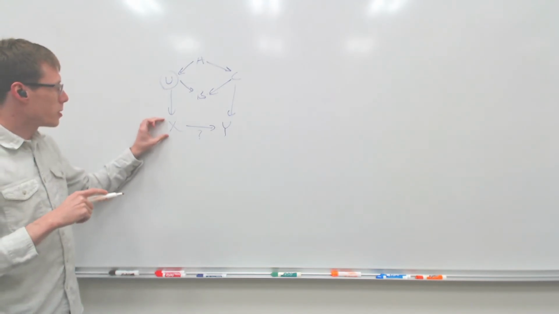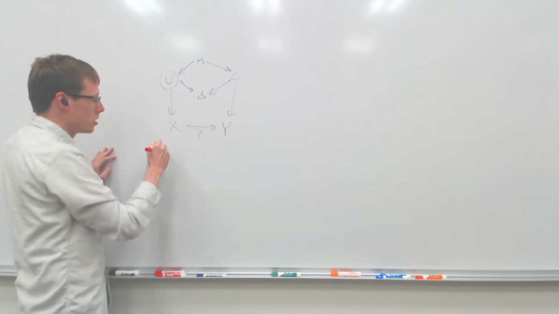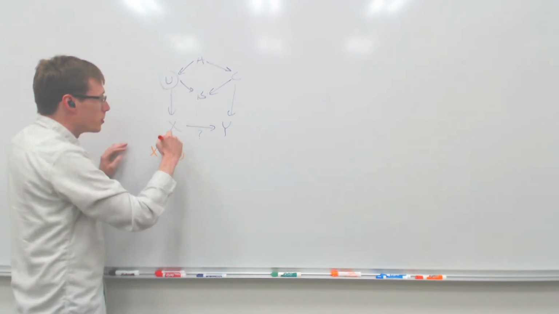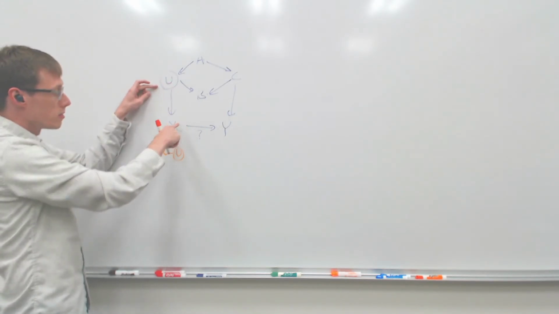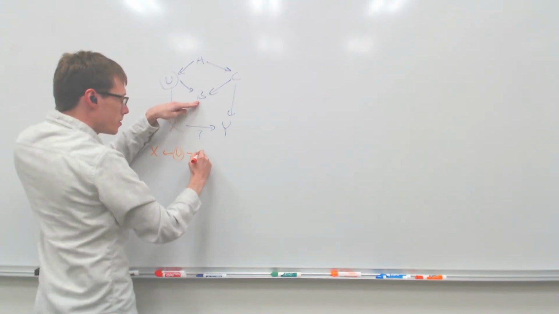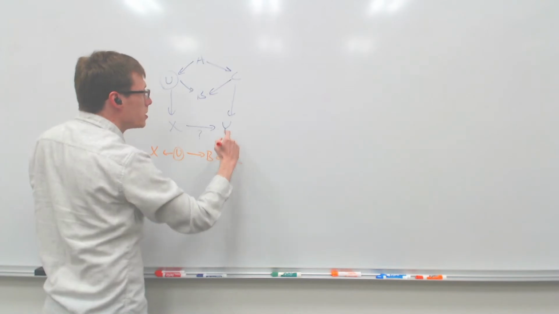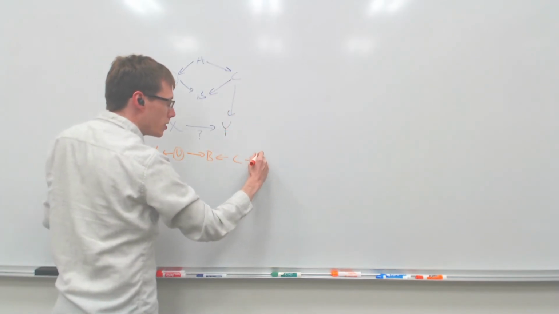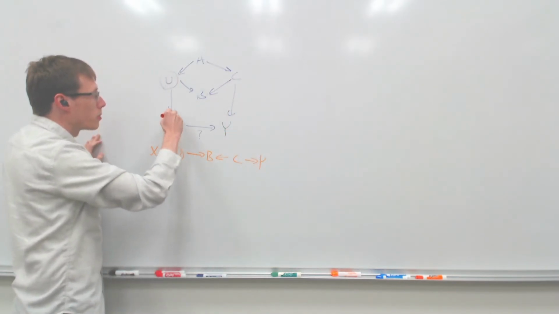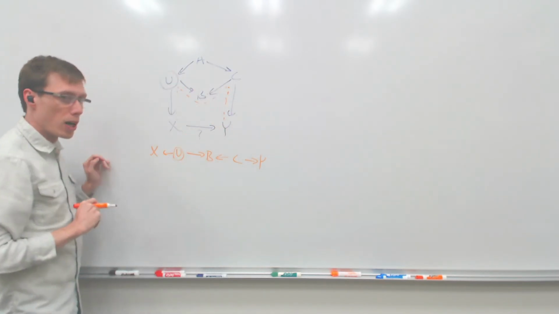For example, right here, there's a path from X, that U has on X, right? And then U also has on B, and then C has on B, and then C has on Y. So this is one path that we could draw from X over to Y.